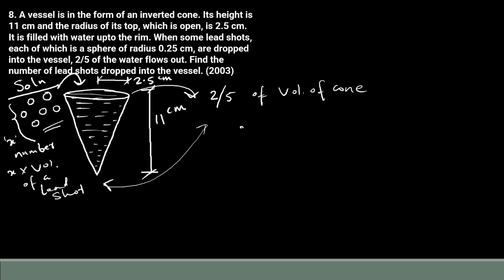So basically it should be x times the volume of a lead shot. They gave us the radius also, 0.25. So basically 4/3 pi times 0.25 cube will be equal to 2/5 times the volume of the cone.